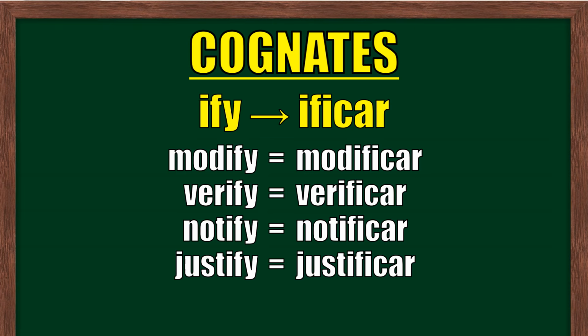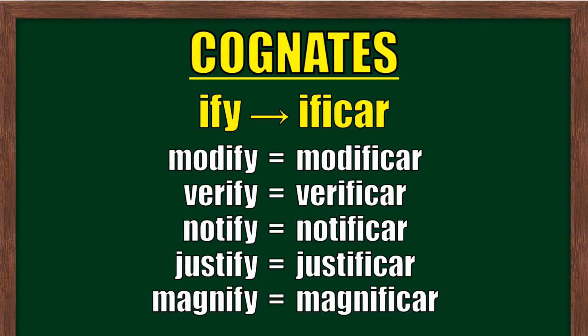Magnify, magnificar. The accent on these words goes on the last syllable because they end with R, and R is a consonant other than S or N. So the accent goes on the last syllable. And once again, remember to pronounce each letter as it's pronounced in Spanish. Modificar, verificar, notificar, justificar, magnificar.